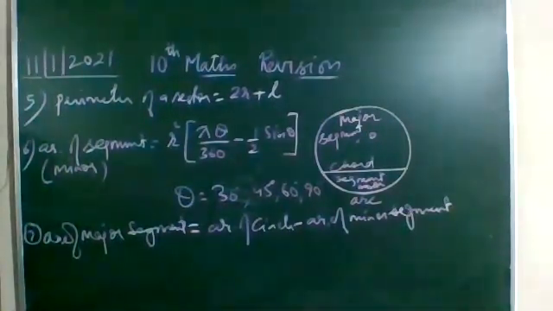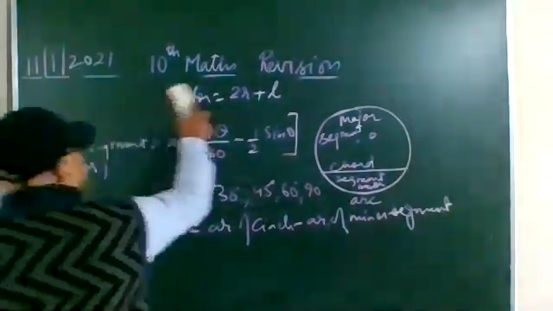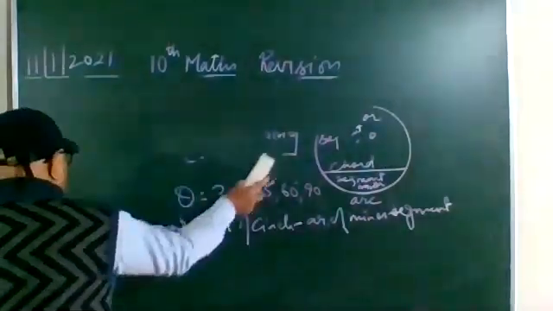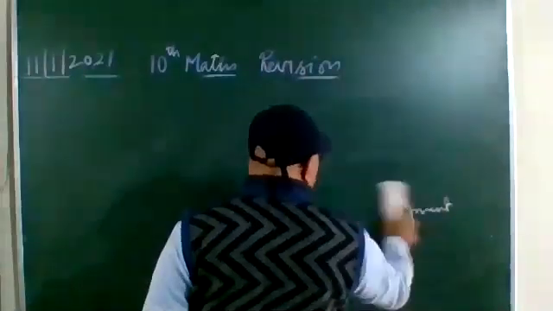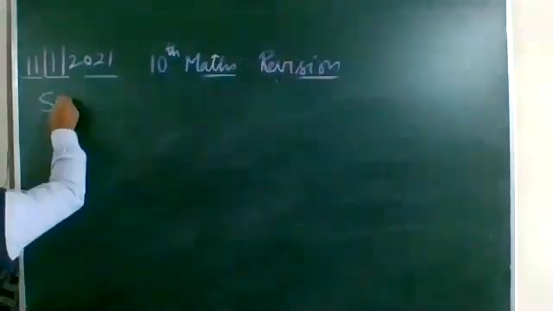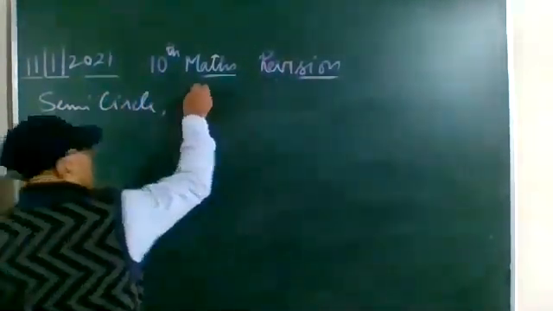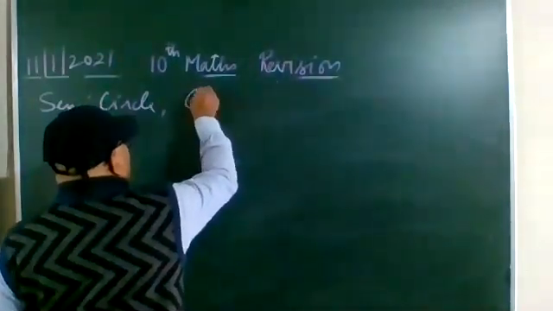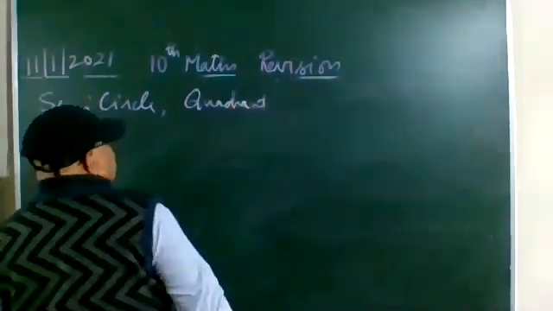Now after this area of major segment, we can have different types of shaded regions. One more thing you must know, area of circle, what is semicircle and what is quadrant.